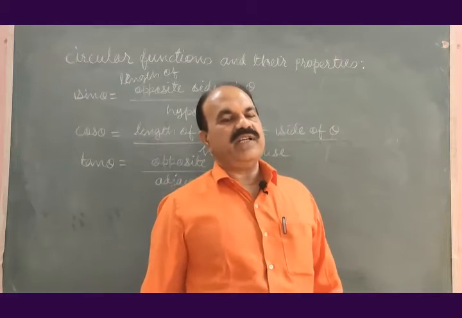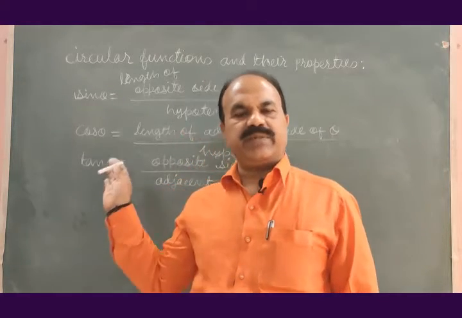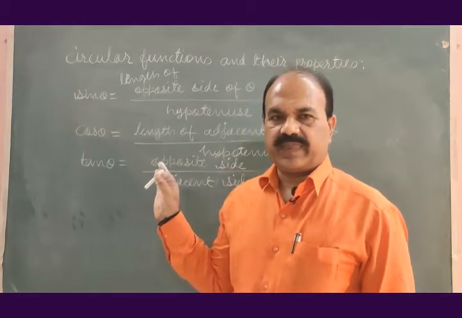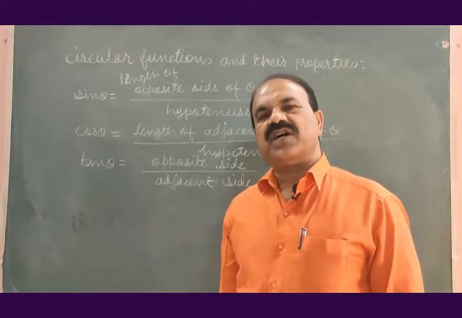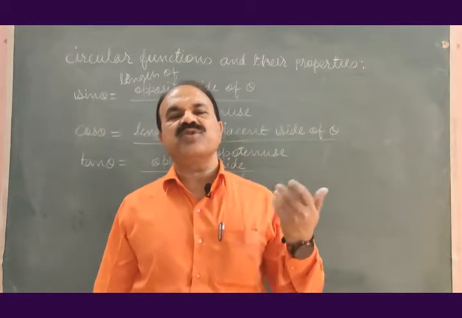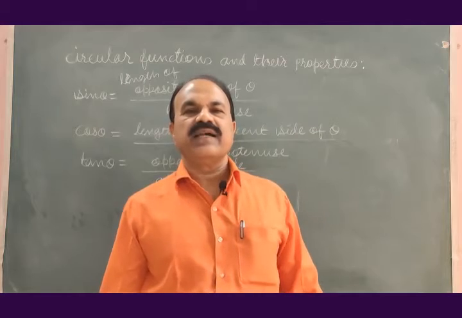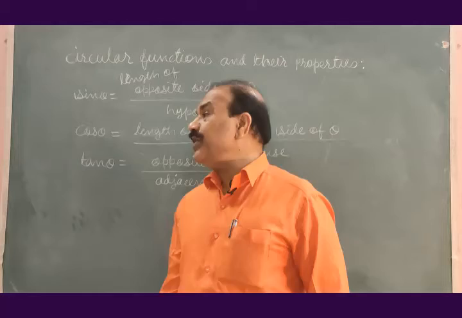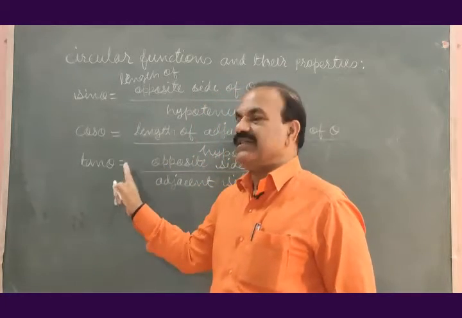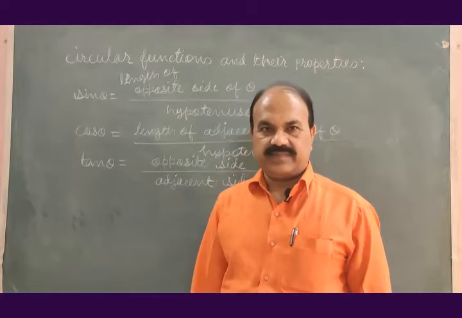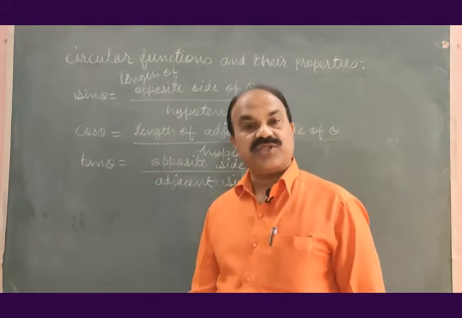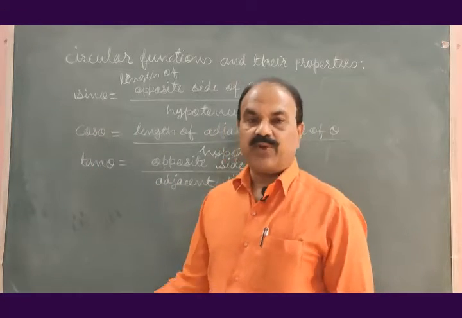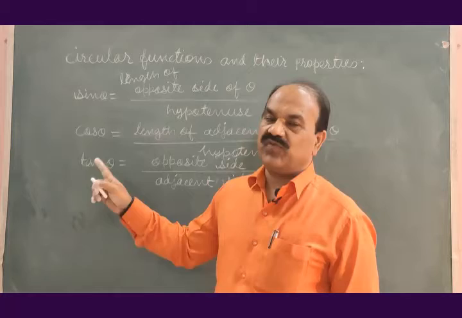It means that whenever we talk of the trigonometric functions, they are always expressed in terms of ratios of lengths of the right angle triangle corresponding to the angle theta. I have written only 3 trigonometric functions. You can go for cot, you can go for sec, you can go for cosec.